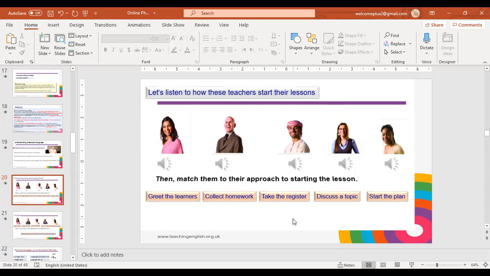Some of them could start their lesson by taking the register, and by the register we mean taking the absence and attendance sheet. Another one could collect the homework at the beginning of the class. So we are to listen to them and match who does what. I play the first one and please tell me if you can hear it or not.